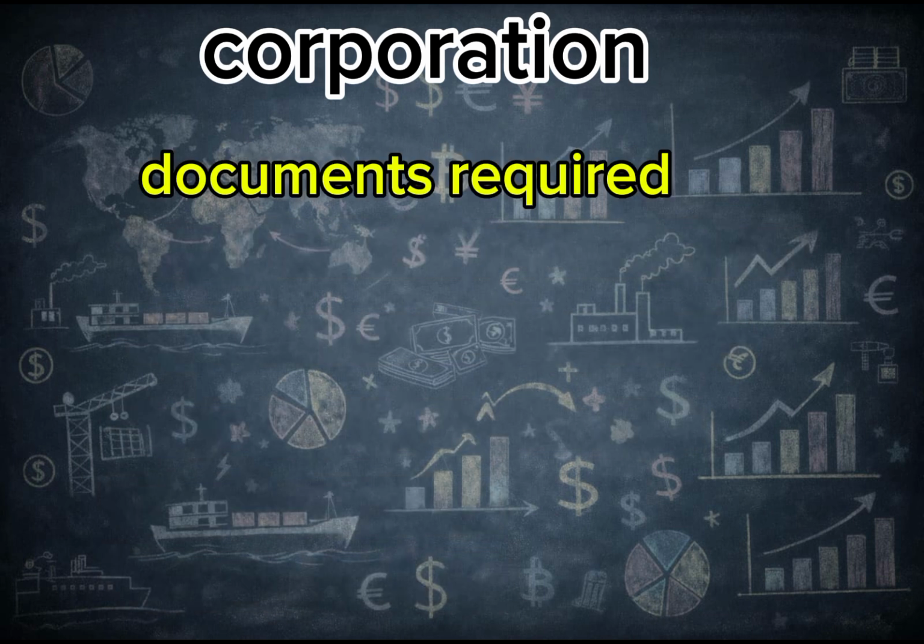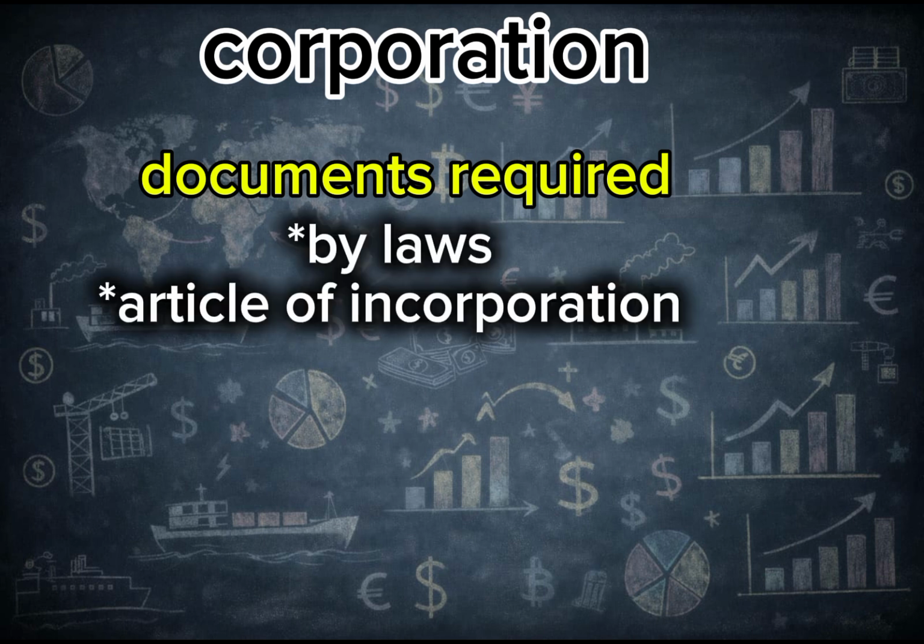We said that the corporate form of business requires proper documentation. So what are these documents? They are basically the bylaws and the articles of incorporation. The bylaws contain rules and regulations that guide how the corporation is run. While the articles of incorporation describe what the corporation is all about.